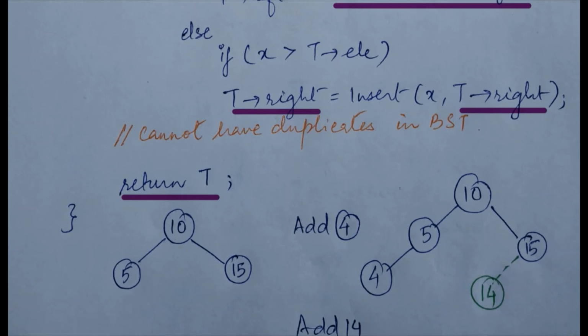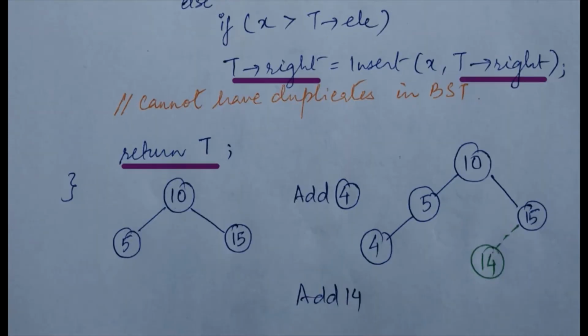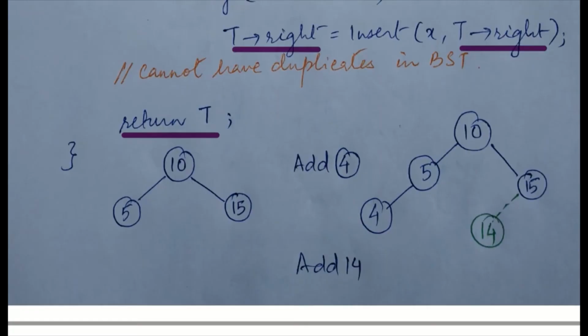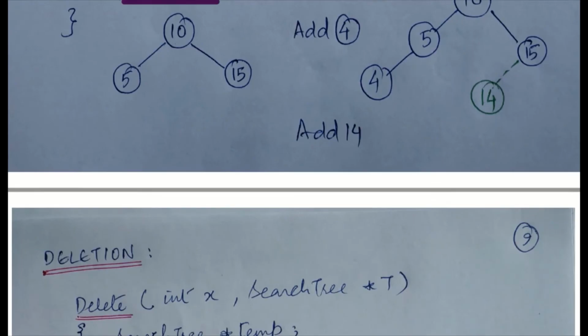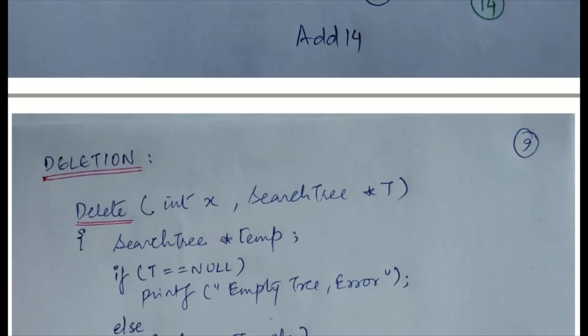Just mark your new t's and see where the node gets added, and it always does it correctly. It always finds the exact location, an empty right or left link where the new node is added.